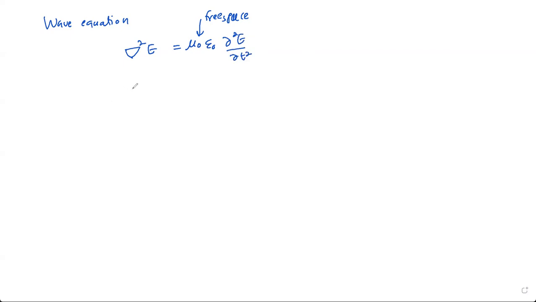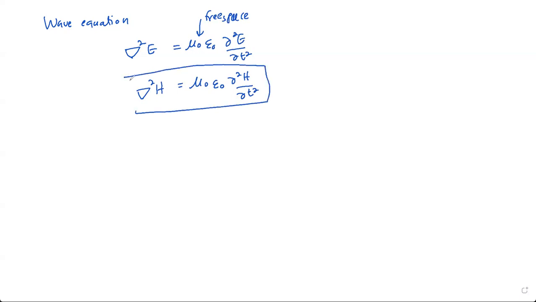Here we are considering free space, therefore we use mu naught and epsilon naught. We have also shown that the magnetic field shows the same wave-like behavior in free space and in other mediums. This is the wave-like behavior that the electromagnetic wave shows.